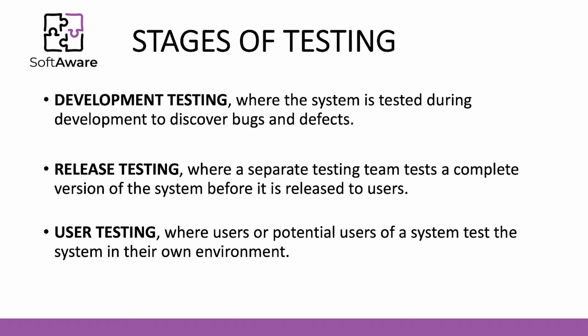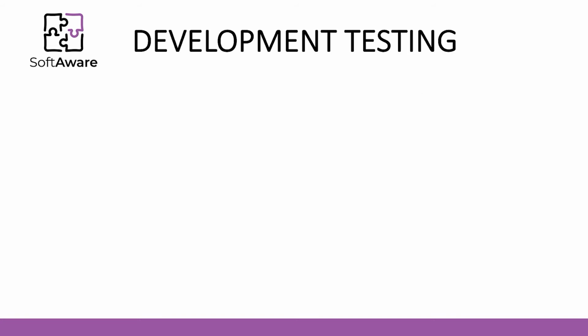This is where the actual users or potential users of a system are able to test working software and check in their own environment if the software product has defects, and they can also validate the features of the system.